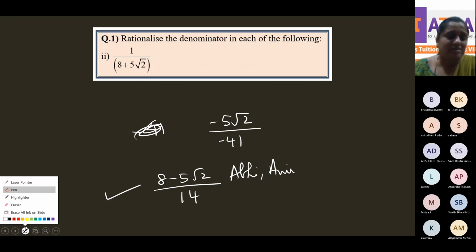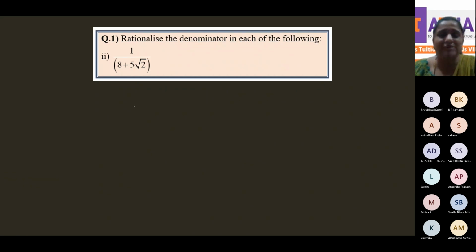Okay. Bhavishya, how have you got minus 5 root 2 by 41? That's a mystery.